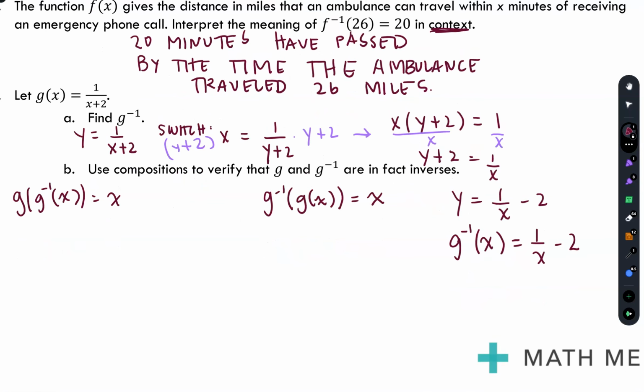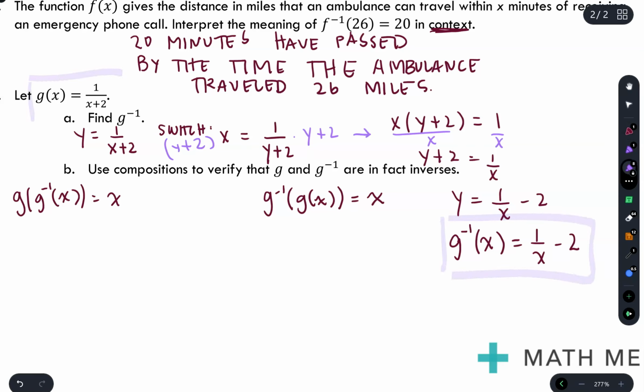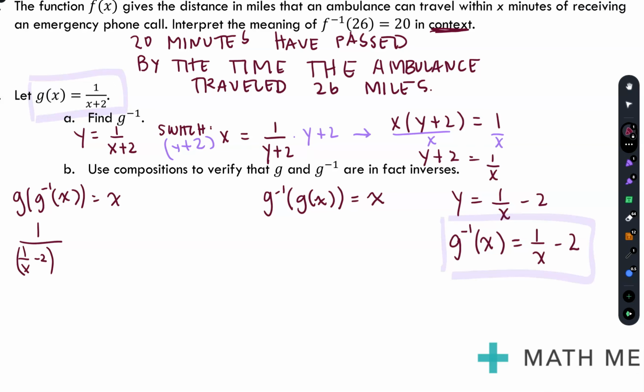So let's look here. If I plug my inverse into my original function, here is my inverse function, and I'm going to plug it into my original function. So how am I going to do that? So it's going to be 1 over all of that, yeah? 1 over x minus 2, plus a 2.